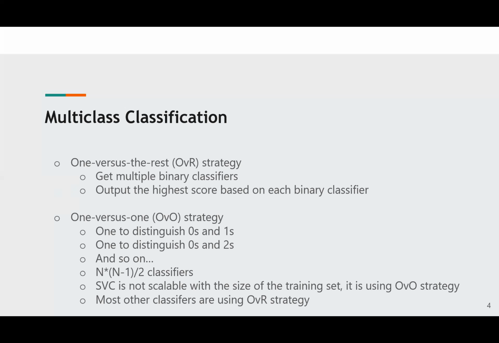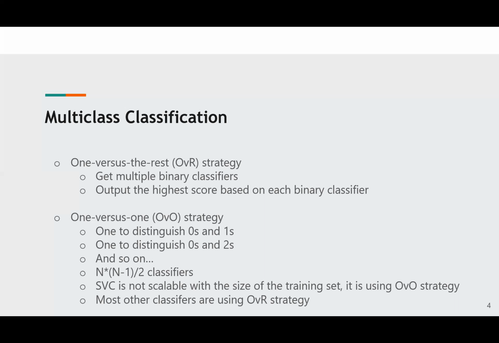Support vector machines, or support vector classifiers, as we will see, are not scalable with the size of the training set. That's why usually we don't want to use the one versus rest strategy for SVC; we usually use OVO, the one versus one strategy.